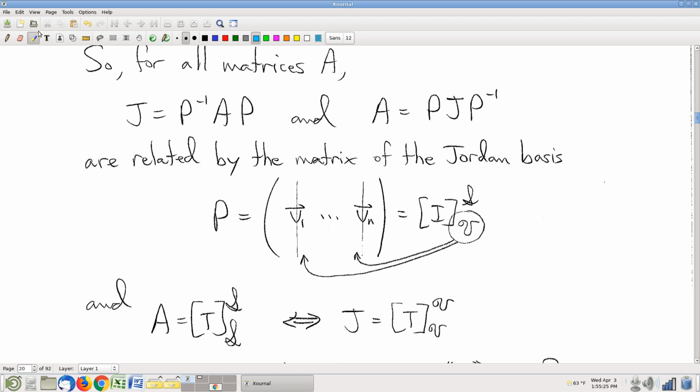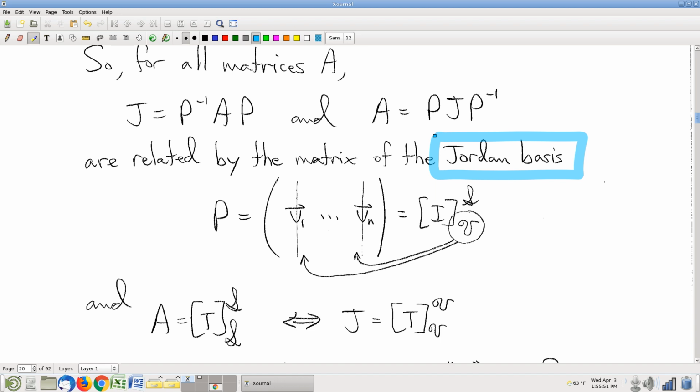One little bit about terminology here. By the way, this basis, since this is a basis that allows you to get a matrix into Jordan form, I call it the Jordan basis, a Jordan basis. Weirdly, the book didn't give this a name that I was able to find. I think it's a pretty important thing. It's something we're going to be referring to a lot, and so I'm going to make up this name.